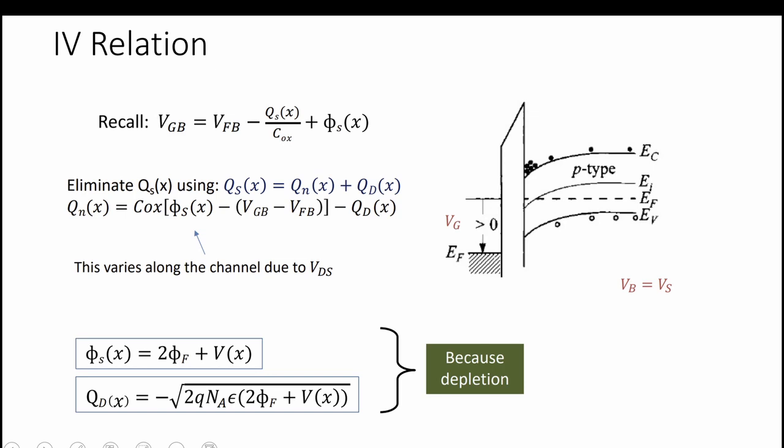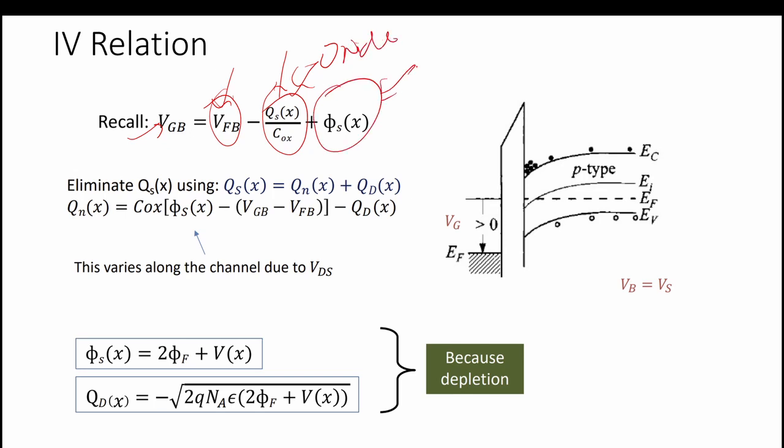Now just recall from the MOSFET the gate bias we apply. The voltage drop is partly because of the flat band, partly in the oxide layer, and partly in the semiconductor layer.